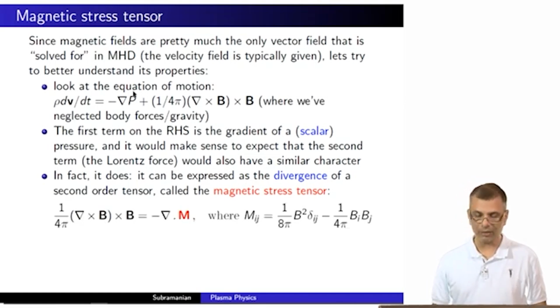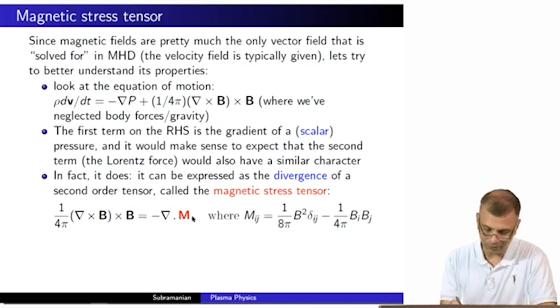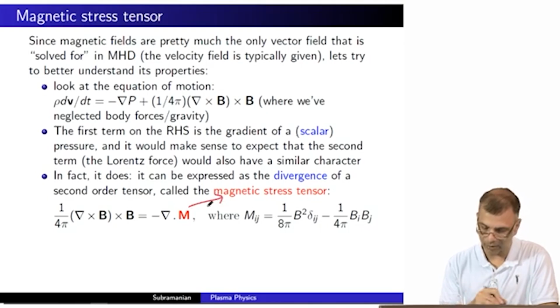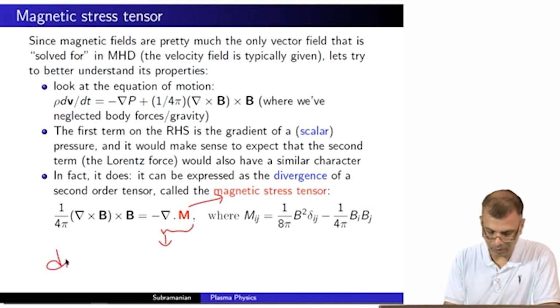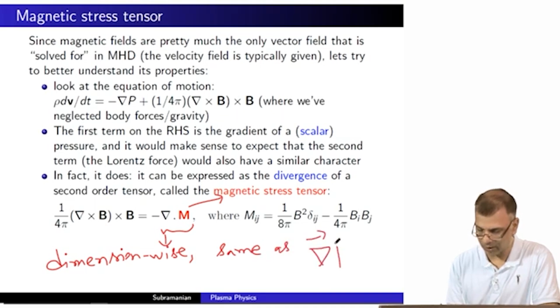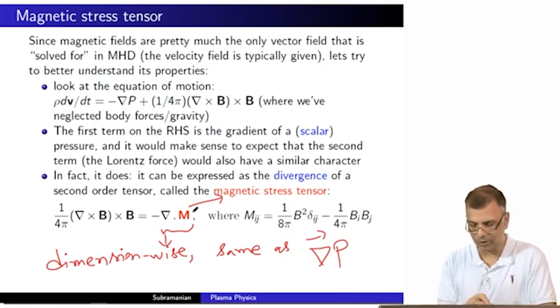The magnetic stress tensor, which is M, this thing in red, can be expressed as a divergence of a magnetic stress tensor, and dimension wise it's the same as the gradient of a scalar pressure. That's what this is. Okay.